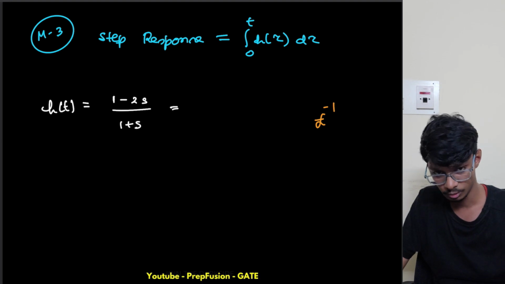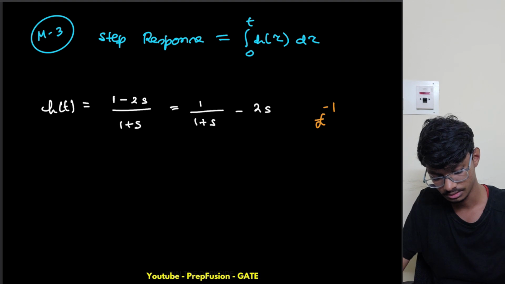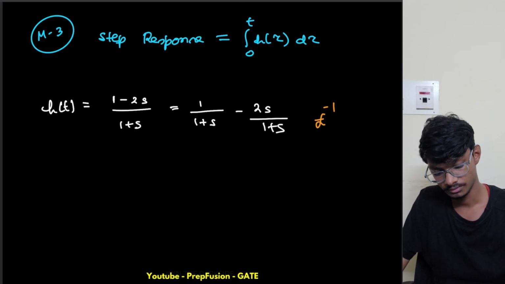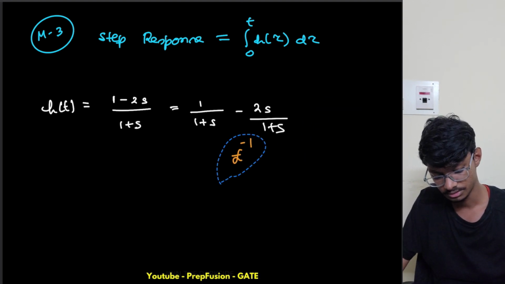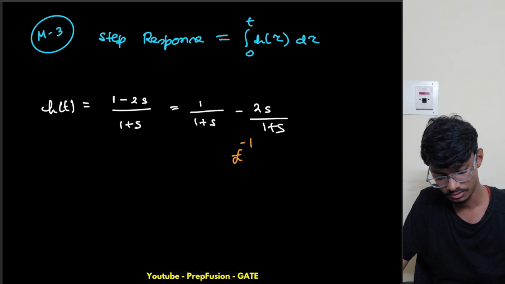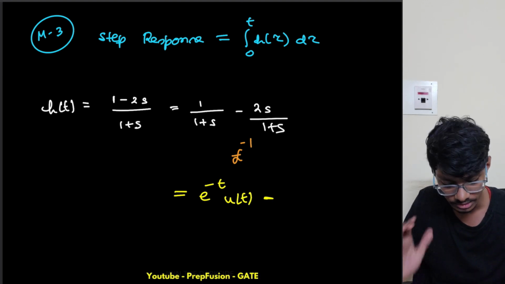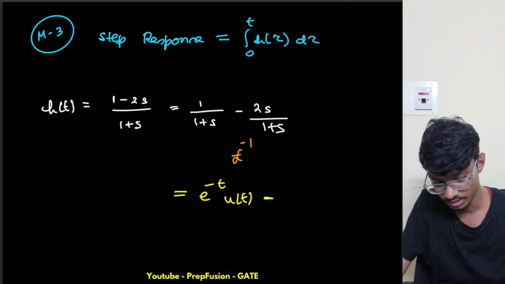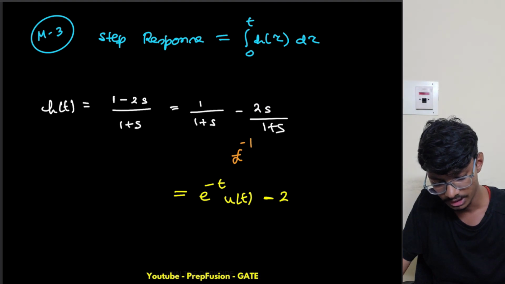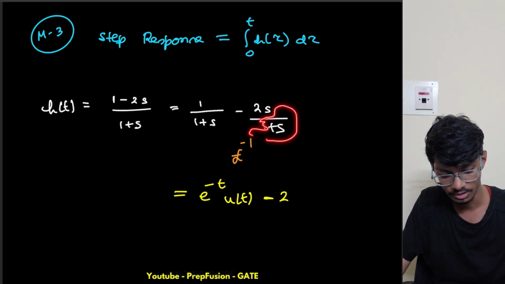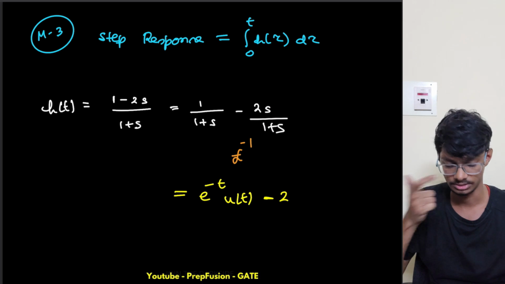This is a more difficult method, so you don't have to try this if you don't understand it. If I want to take the Laplace inverse of 1 by 1 plus s, it is easy, it is e raised to power minus t u of t. But the other one is difficult. What I will do is, 2 is an outside constant, so 2 will remain outside. First I will find the Laplace inverse of this part, 1 by 1 plus s, it is e raised to power minus t only.